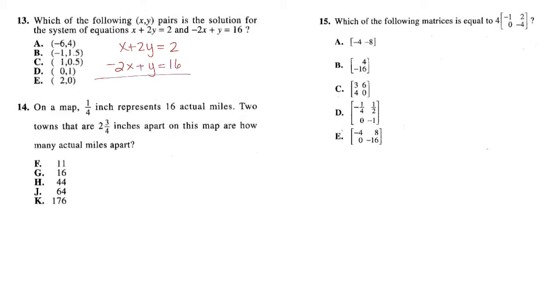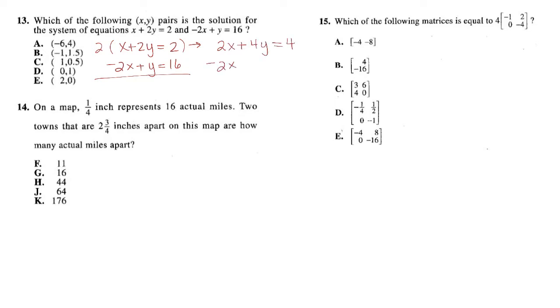And if I add these together, nothing's going to cancel. So it looks like I might need to multiply the top one by 2. And that should fix our x's. So that's going to change this one to be 2x plus 4y equals 4.